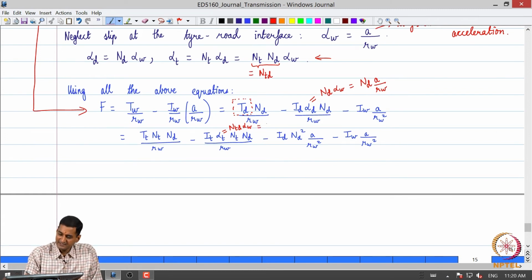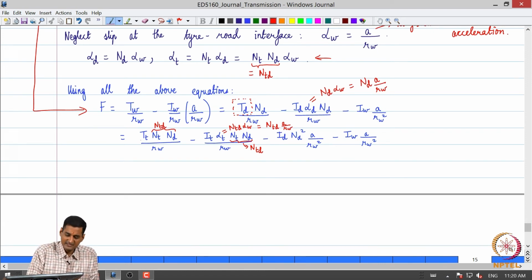And we already know that alpha w is going to be A divided by Rw, and this Nt times Nd is going to be another Ntd, correct. So, that is something which we can immediately figure out, okay. And this Nt times Nd is also going to be equal to Ntd, right, okay.